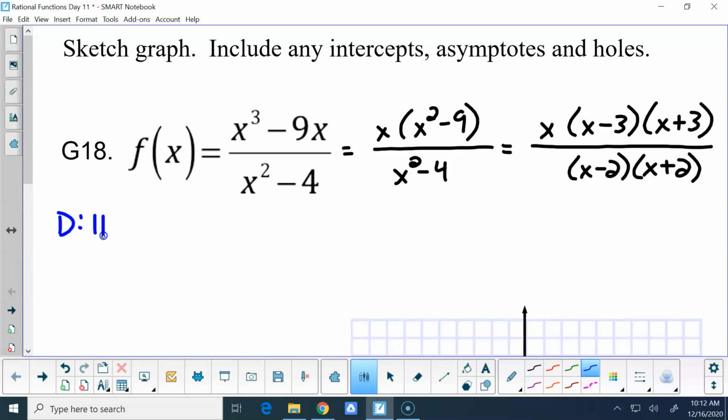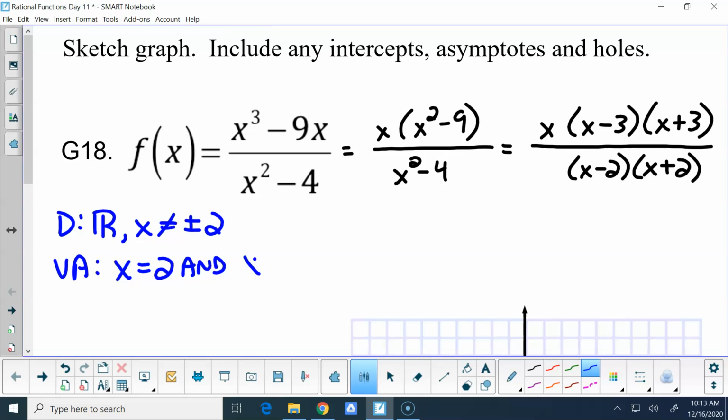In this case, it's going to be all real numbers, but x cannot equal plus or minus 2. Agree? Which tells me that I have vertical asymptotes at x equals 2 and x equals negative 2.